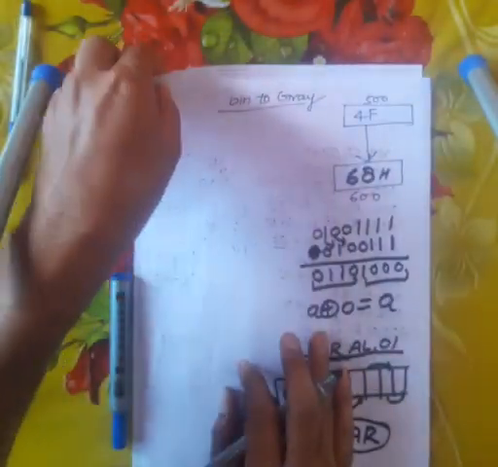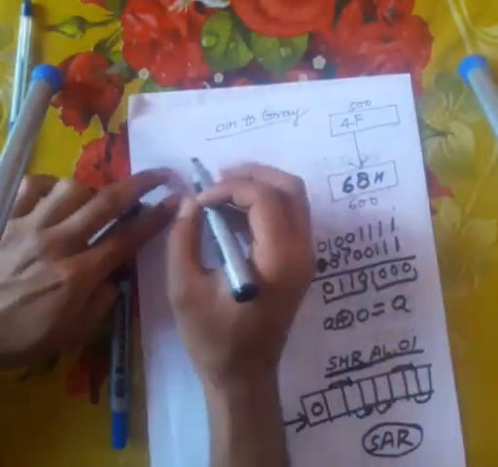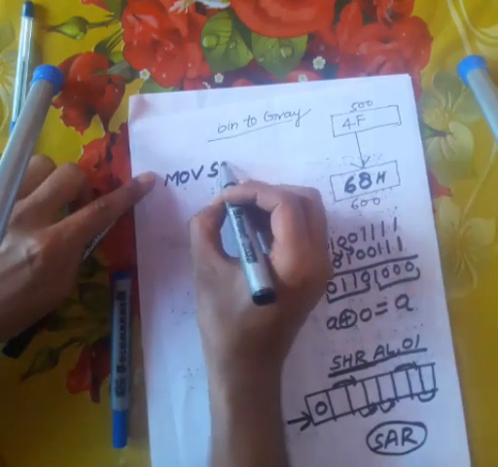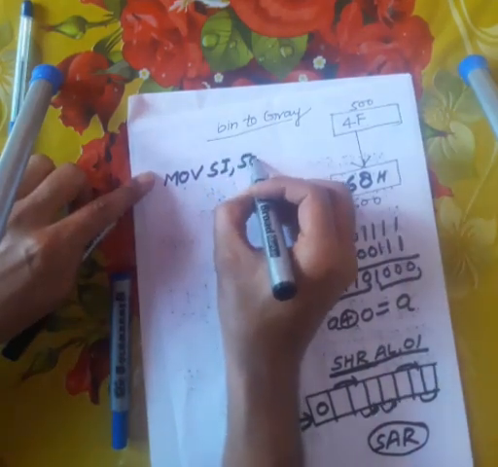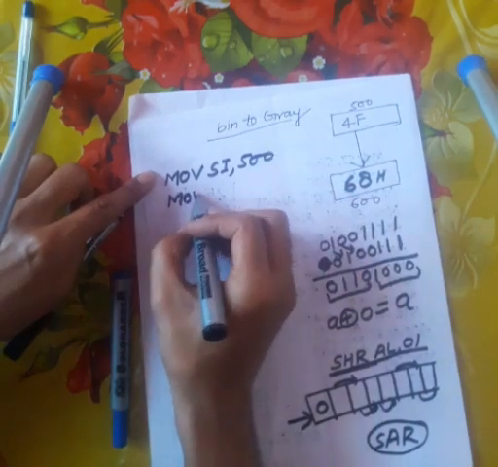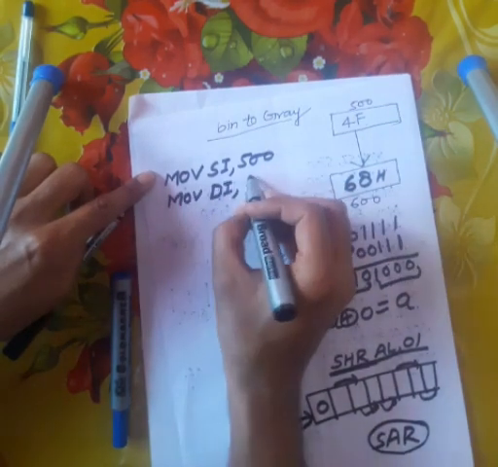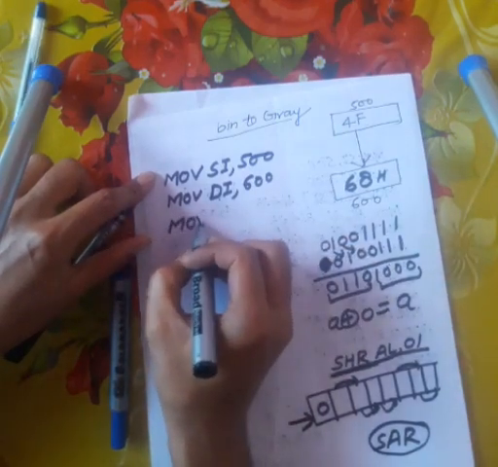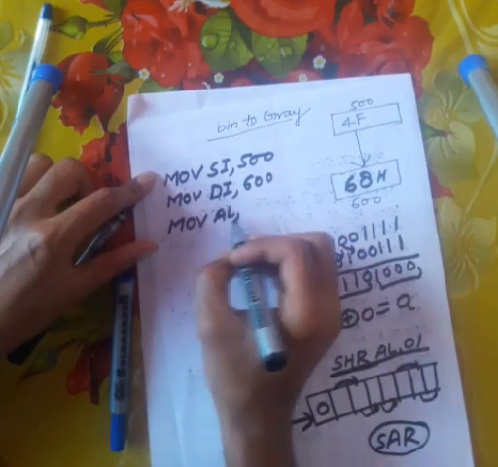Now we will make the program. Move SI comma 500 for the source offset. For the destination offset, move DI comma 600. Now move the contents of 500 into AL.